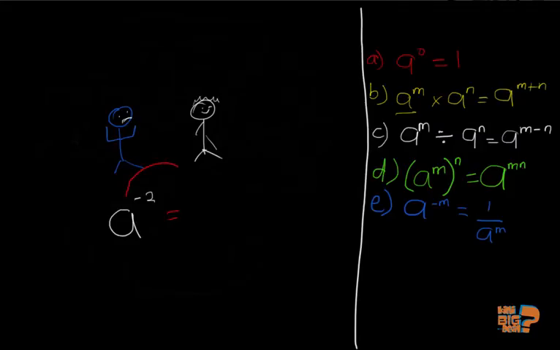Something that was lying down, you want to turn it over to make it stand. So if this minus becomes standing, it will become 1 divided by a squared. This is very tricky, but pay attention very well.